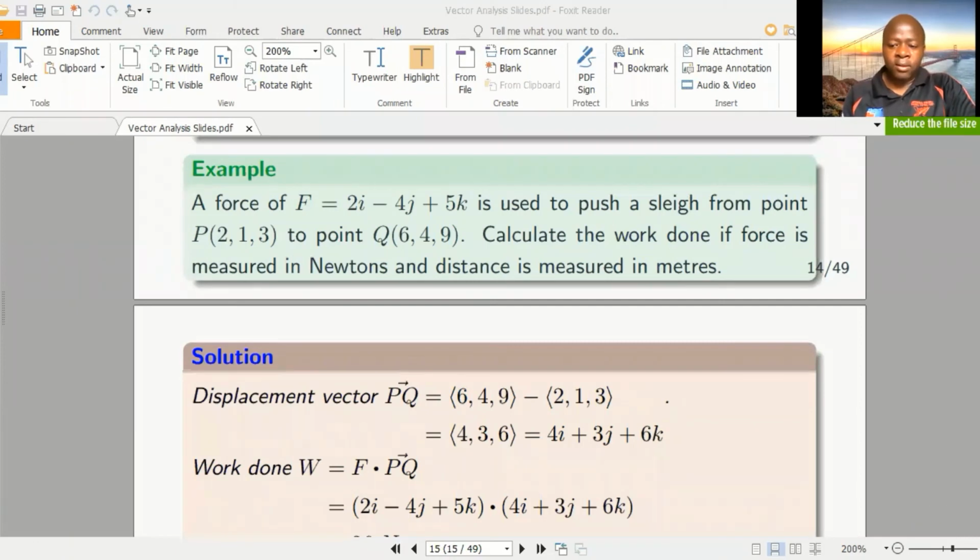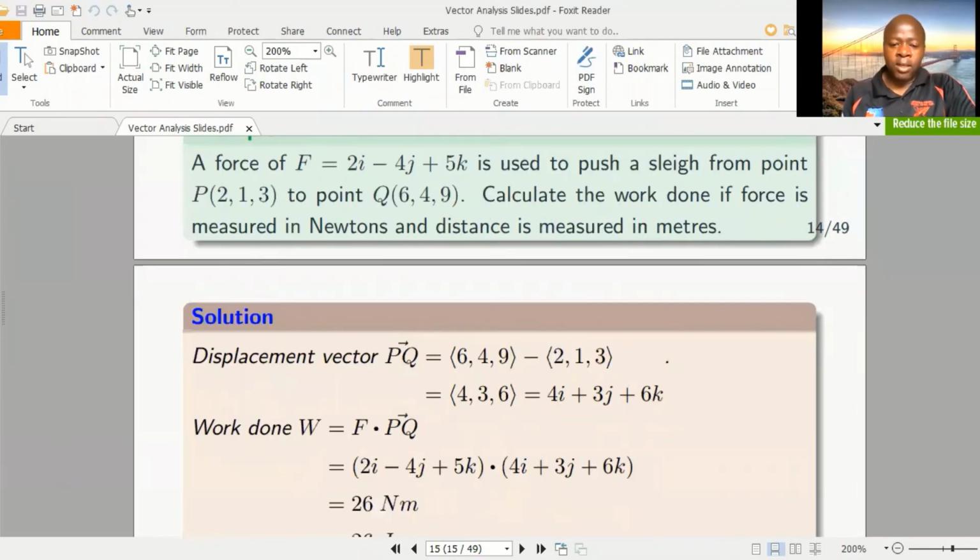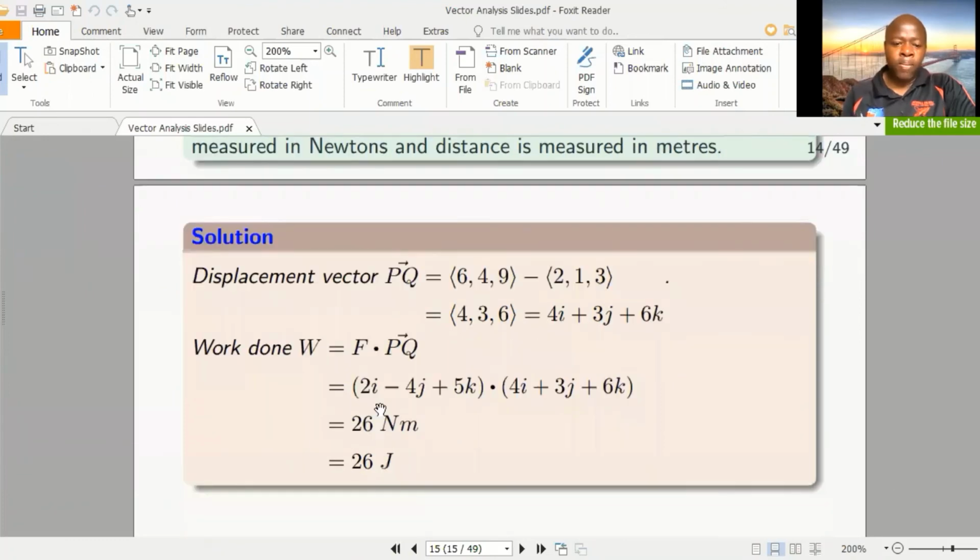And we apply a formula for getting work done. The formula is that work done is given by F dot this displacement vector. F has been given to us as 2i minus 4j plus 5k, dot the displacement vector that we've obtained. So let's do it and see what we get. 2 times 4 gives us 8. Negative 4 times 3 gives negative 12.